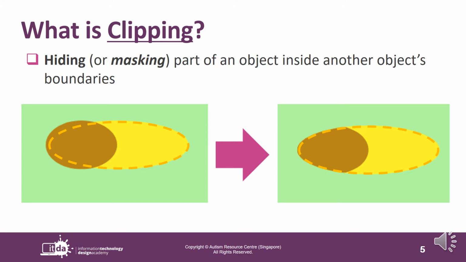But in the second picture on the right, it manages to hide nicely within the yellow shape boundaries. So this is called clipping, whereby the non-overlapping part of an object is hidden within the boundaries of the behind object. Alright, so no worries, let's learn a bit more about this.